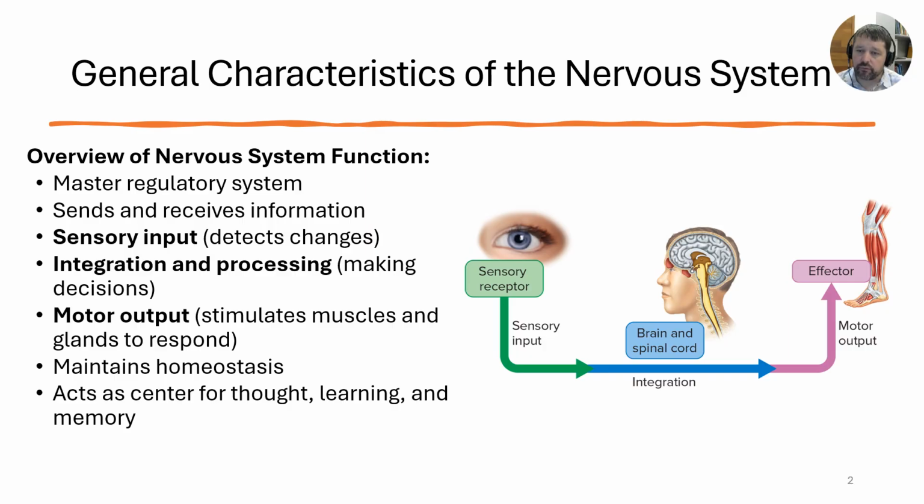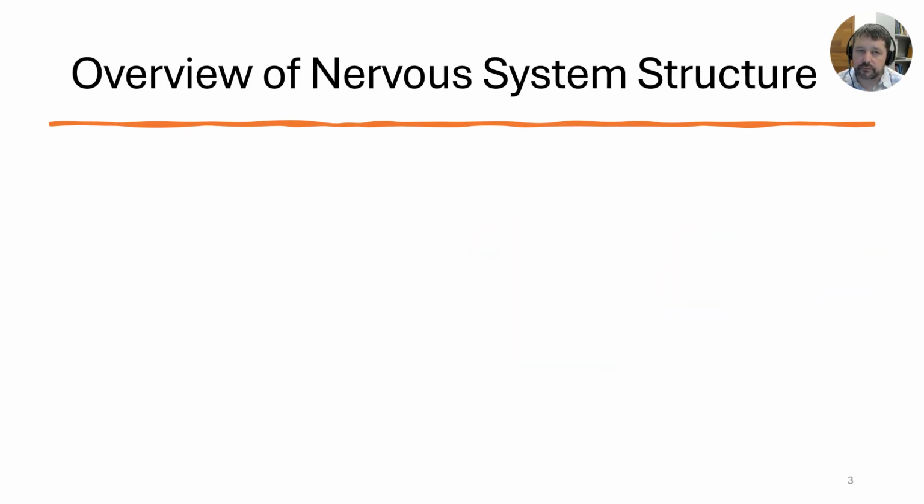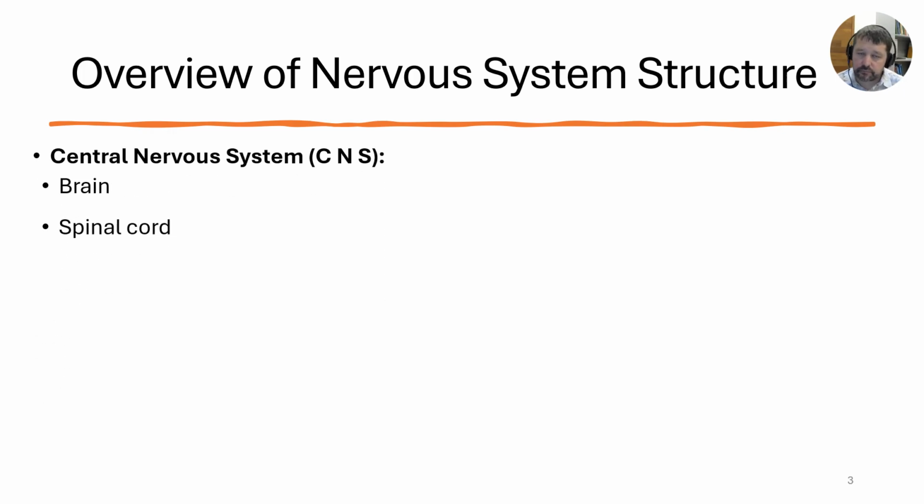That signal will be integrated. A response will be sent. That response is sent to an effector. So you have a sensory receptor, an integration, and an effector. And that could be a motor output and movement. All kinds of things.